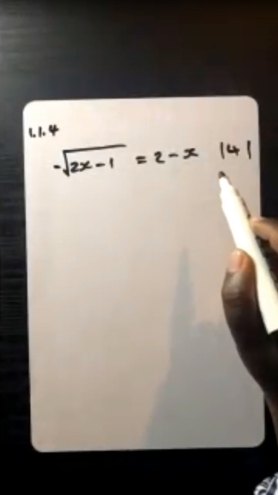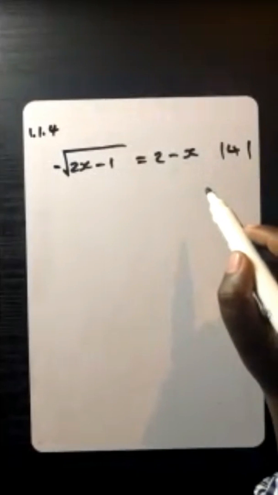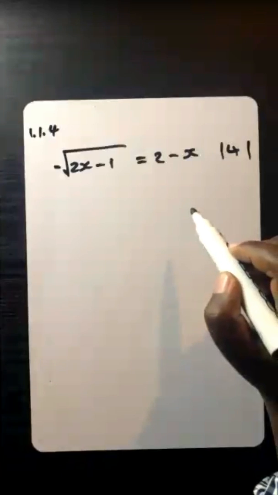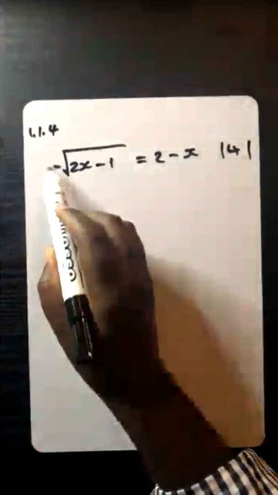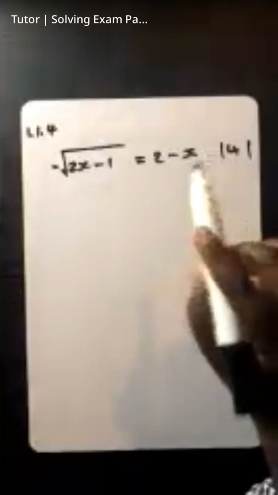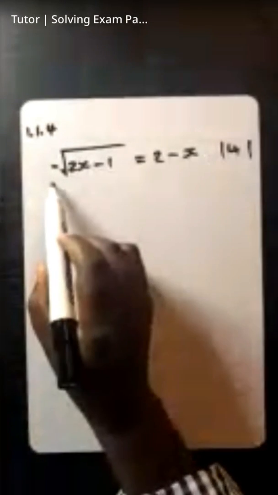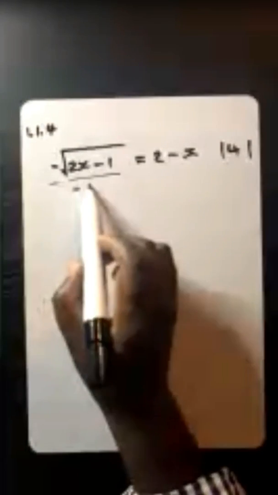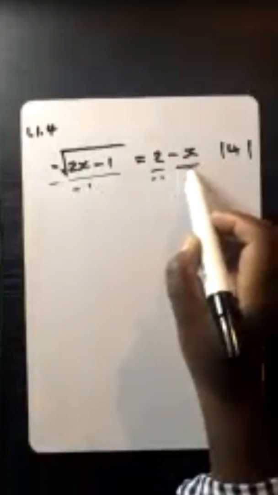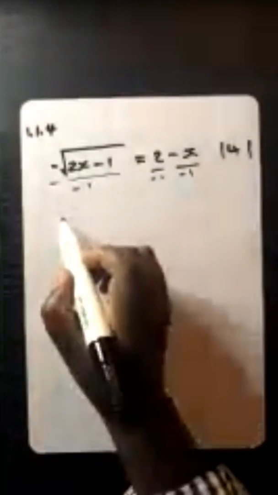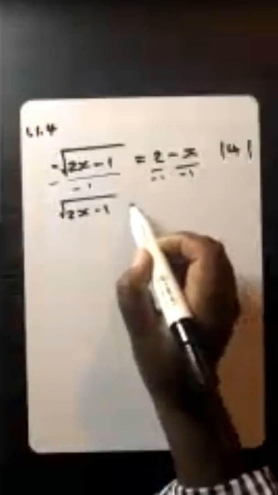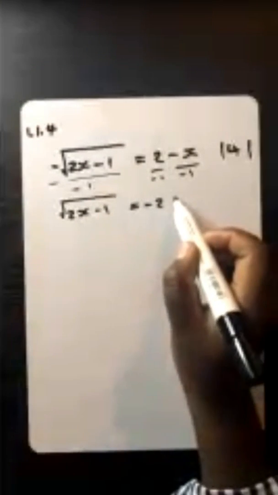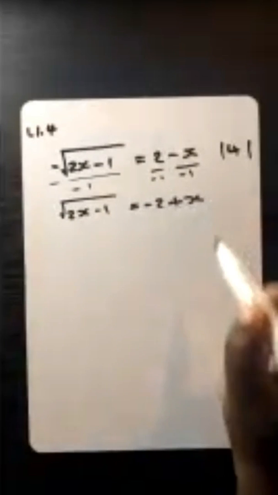So with this type of equations where you've got a square root, remember guys, very, very much important, ladies and gentlemen, you might firstly need to remove that negative over there. So you might find that there are different types of approach. But in this case, let me show you where you firstly need to remove that negative next to the square root. So obviously, you can divide by -1, which means you've got square root of 2x minus 1, which is equals to -2 plus x.